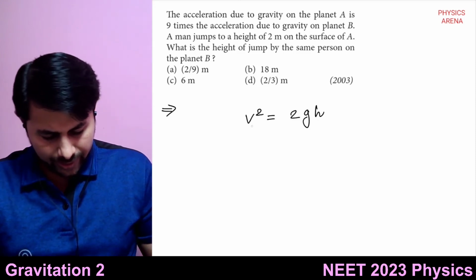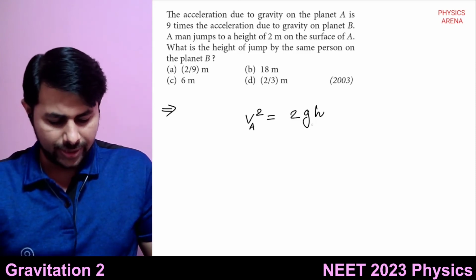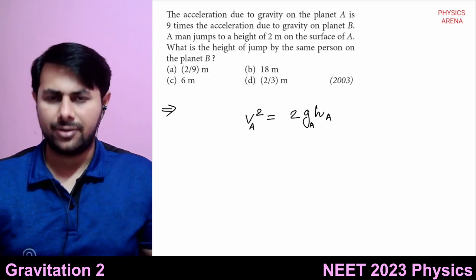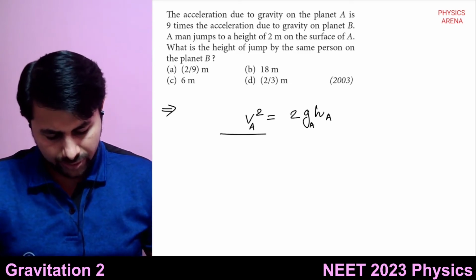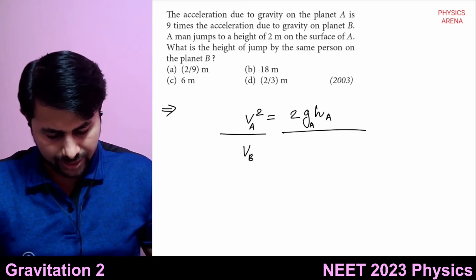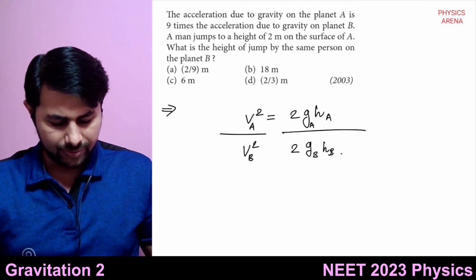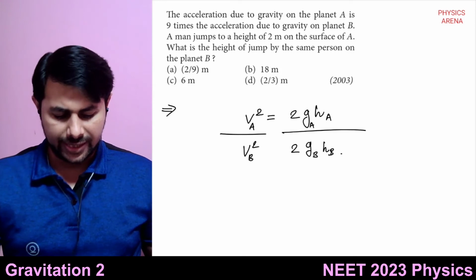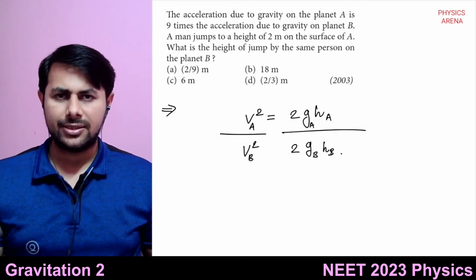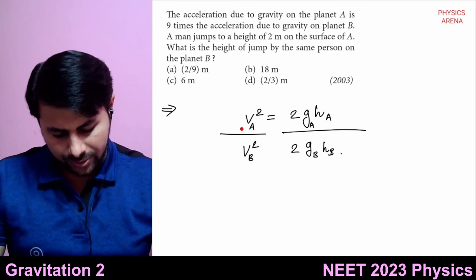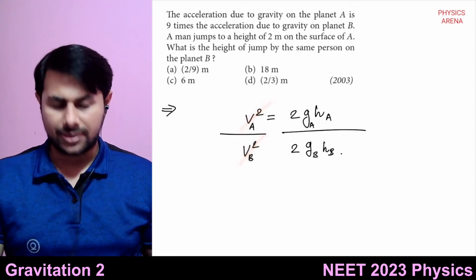So v A square is equal to 2 times g A h A, and we'll divide that by v B square, which is 2 times g B h B. But the same man will jump with the same velocity, right? So v square and v square is cancelled.